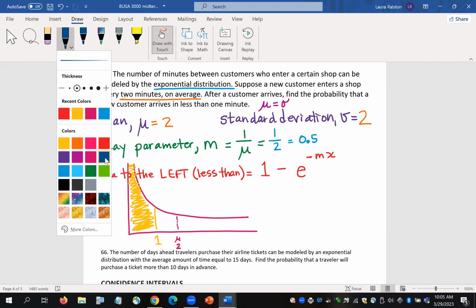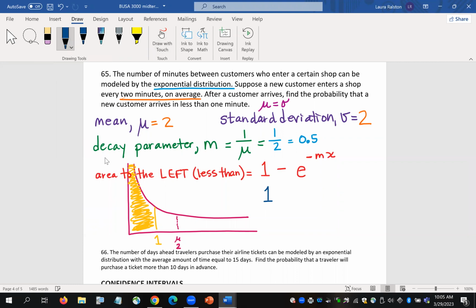So I have 1 minus E to the negative m, the decay parameter is 0.5. My x value is 1 because that was the value that they asked me about, less than 1.